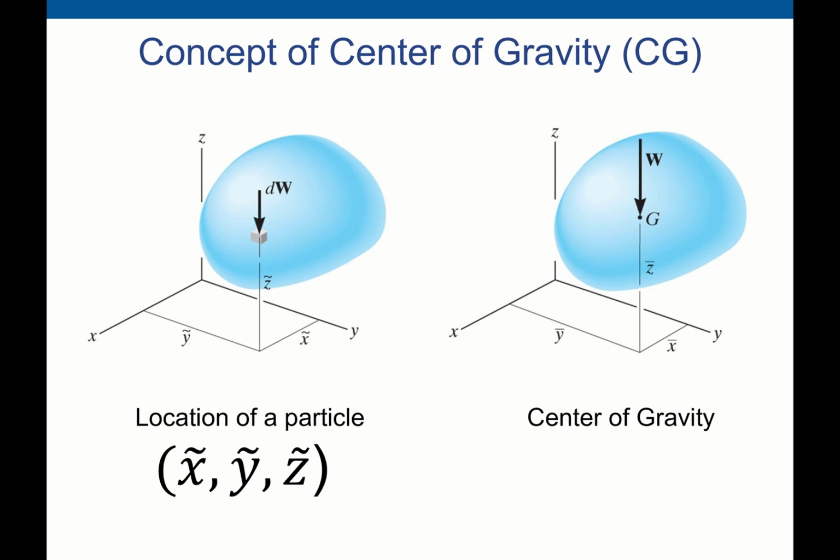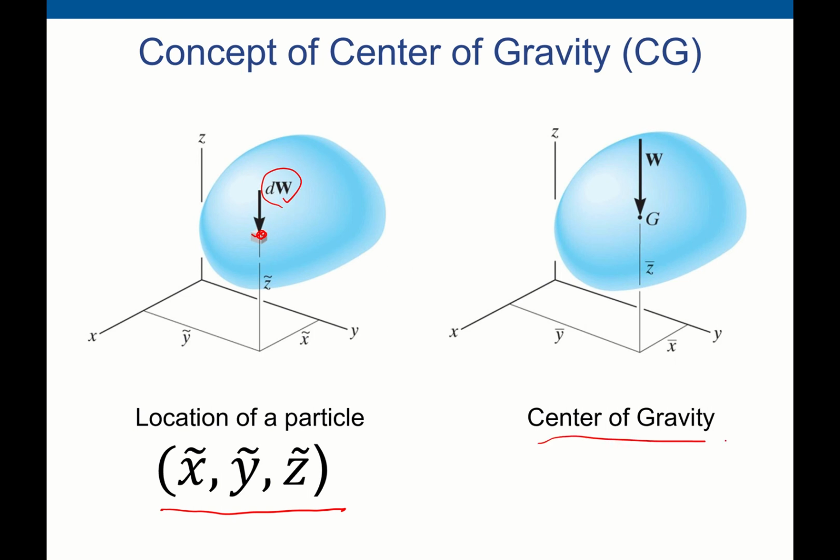So let's go back to the center of gravity. If you remember the sand that I explained a minute ago, each particle of the sand has a differential weight. We call it the differential weight, and this particle has a location. In 3D, we can say the location of this small particle is x tilde, y tilde, and z tilde.